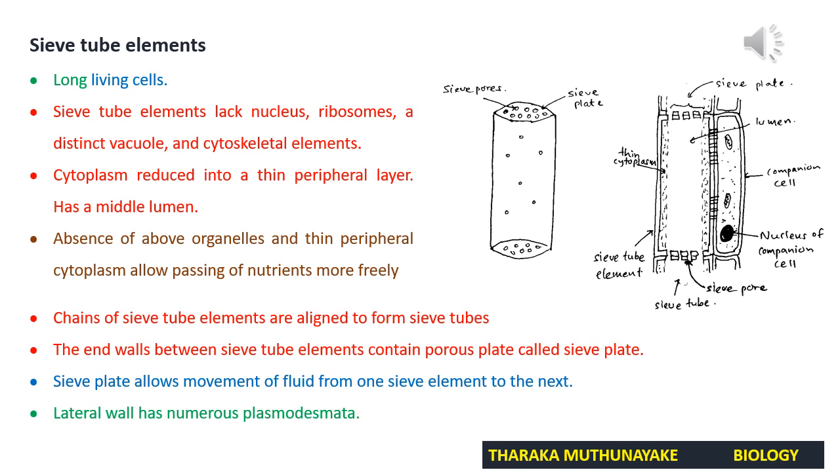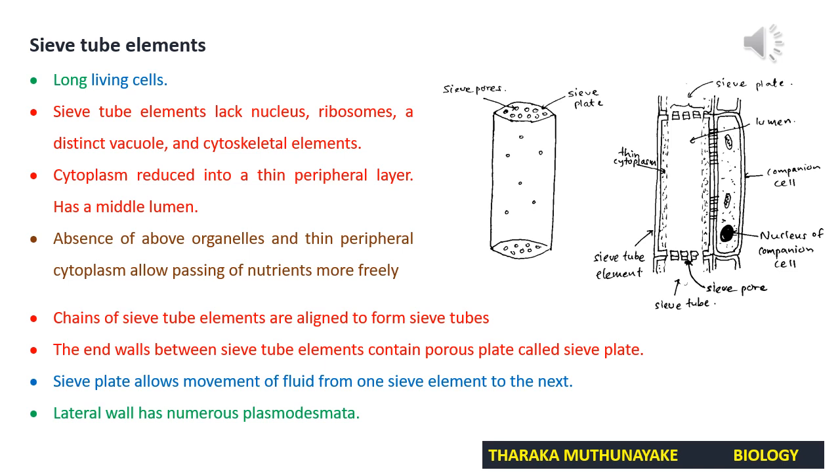Then it says the end walls between sieve tube elements contain a porous plate called sieve plate. Here in xylem vessel elements we said end walls are broken down and form perforation plates. But here these are not perforation plates. End walls here become porous. Those pores found in the end wall are known as sieve pores. The plate, or the end wall containing sieve pores, is known as sieve plate.